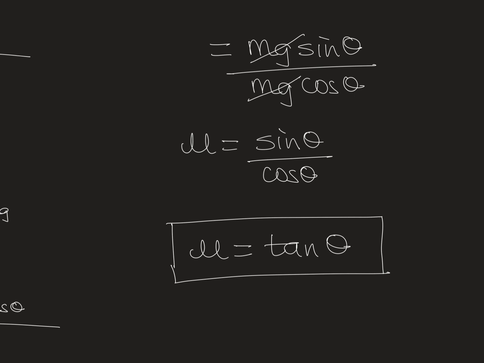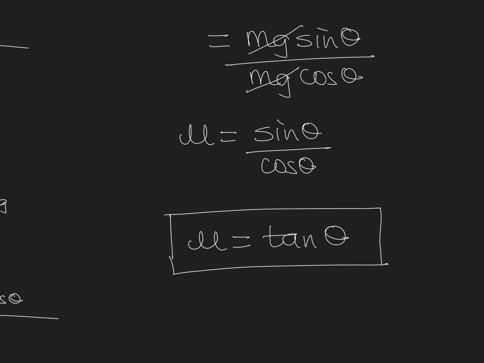So in a question where they don't give you the coefficient of friction, but you know that the object is in limiting equilibrium, then you can find the coefficient of friction by using tan of the angle. In our next video, we will talk about the details of friction on an inclined plane.